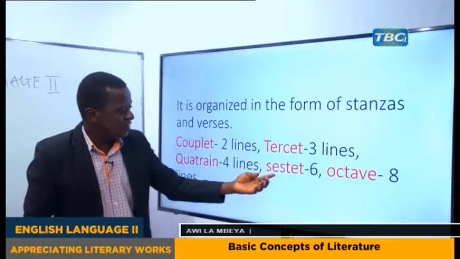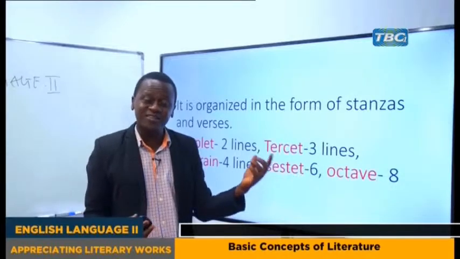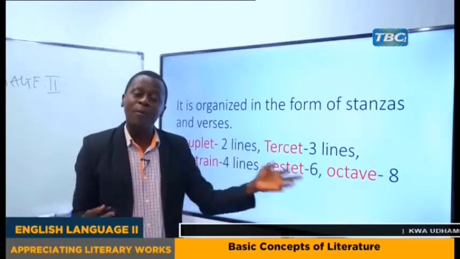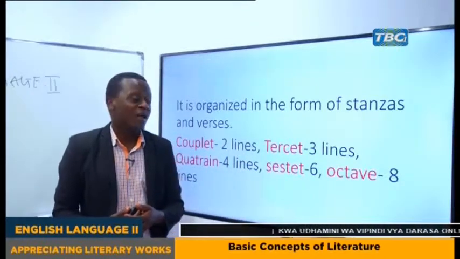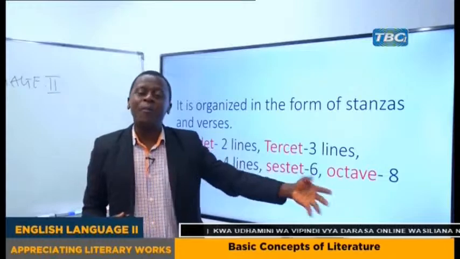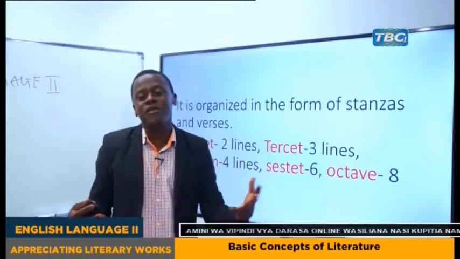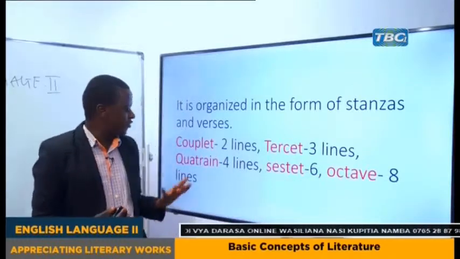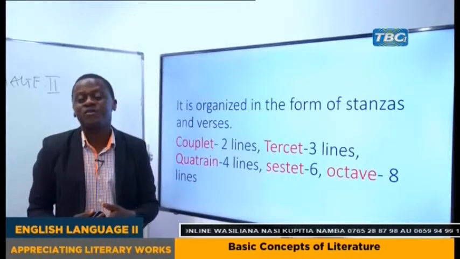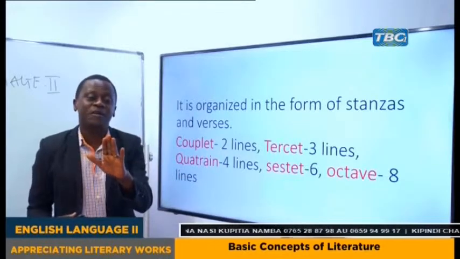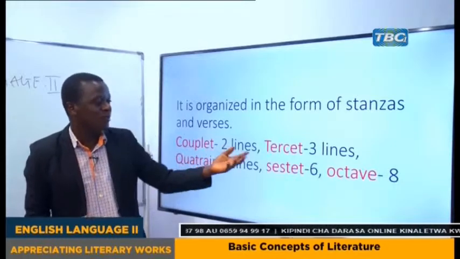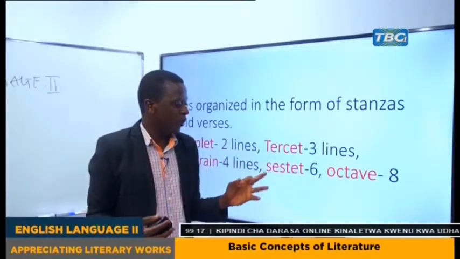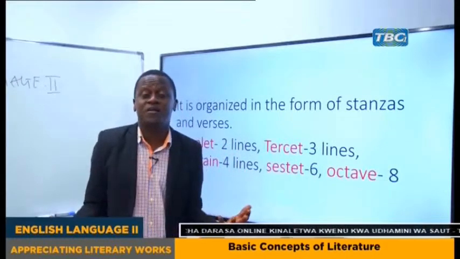Again, a sestet is a stanza with 6 verses. Come to octave, a stanza that contains 8 verses, etc. So this is an assignment again, that when one asks you what is a quatrain, what is a couplet, what is a tercet, what is an octave, what is a sestet, you'll be able to tell.